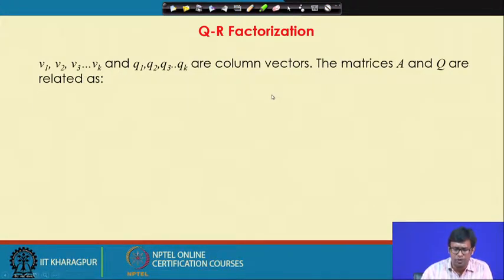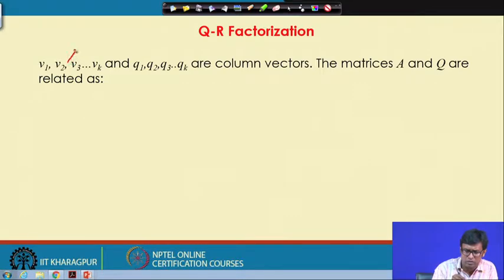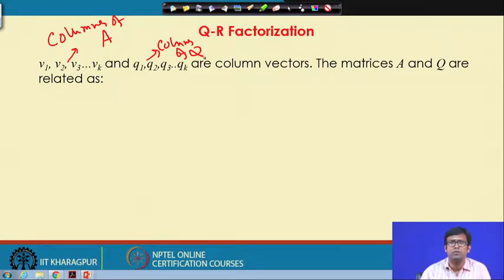V1, V2 up to Vk are columns of A, and Q1, Q2, Q3 up to Qk are columns of Q. Q is the matrix with orthonormal columns.